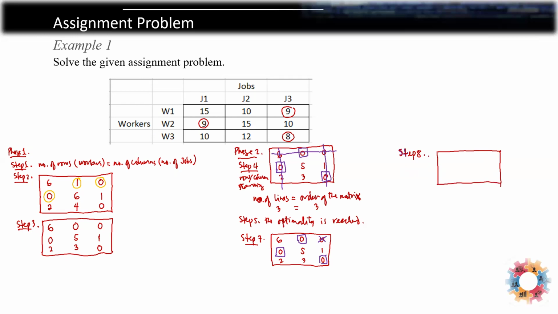We have worker 1, worker 2, worker 3, job 1, job 2, job 3.